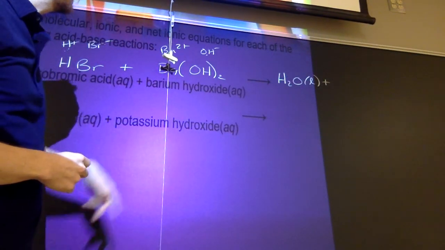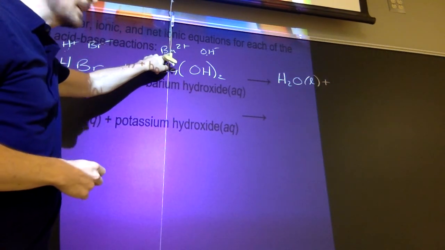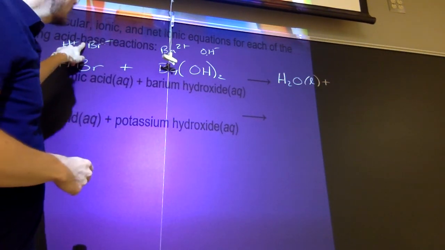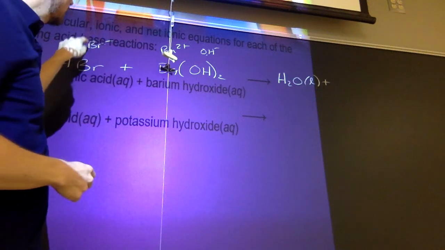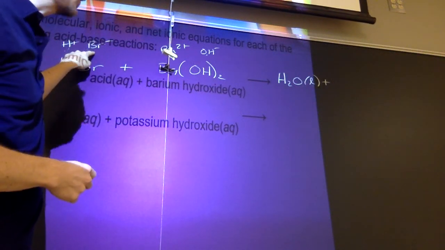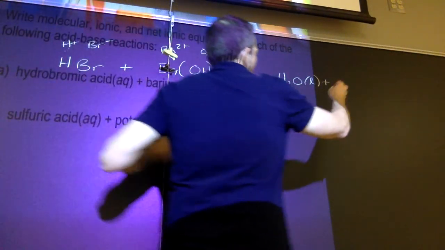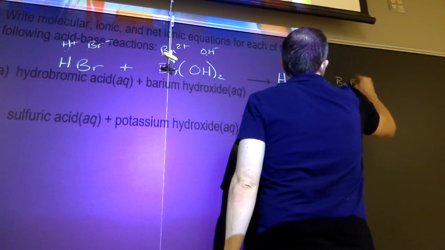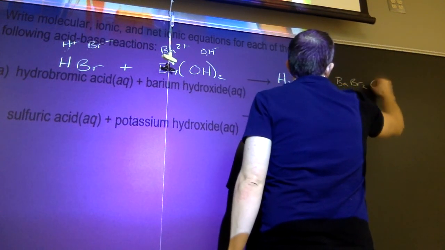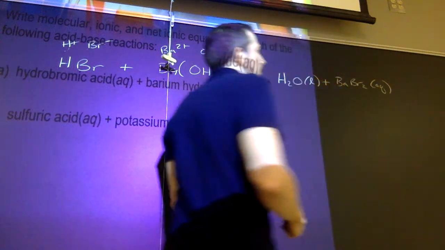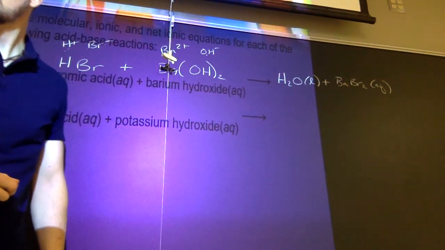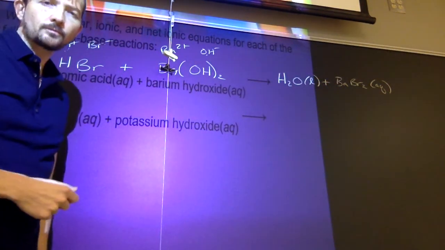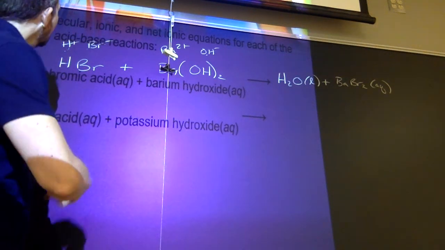Then I'm going to take my positive of the second, pair with the negative of my first, so it's a 2+, so I need 2 of these, so I'd have BaBr2. Now that'd be the molecular equation.